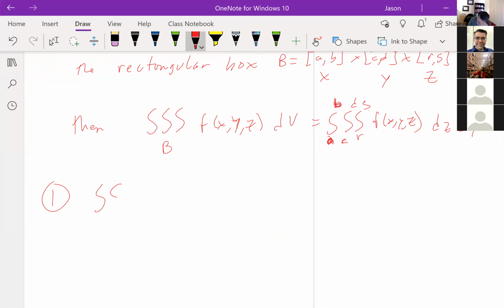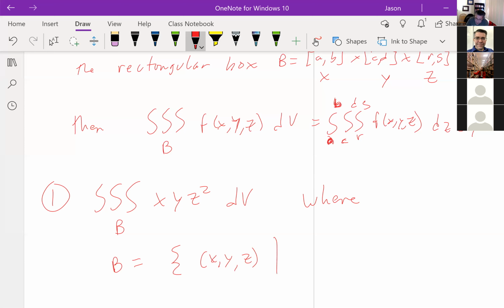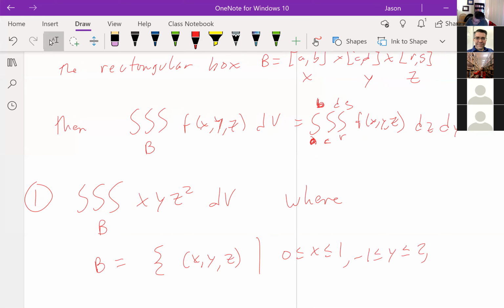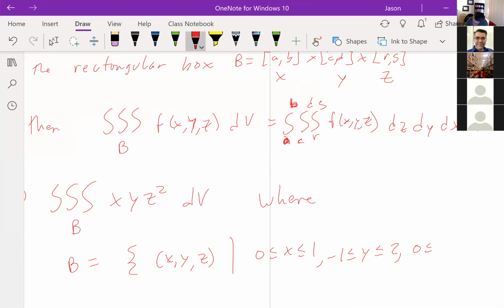Let's find the triple integral over this box B of x, y, z squared dV, where B is equal to the set of (x, y, z) where x goes from 0 to 1, y goes from -1 to 2, and z goes from 0 to 3.